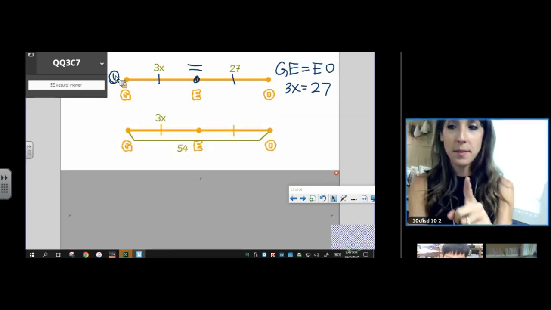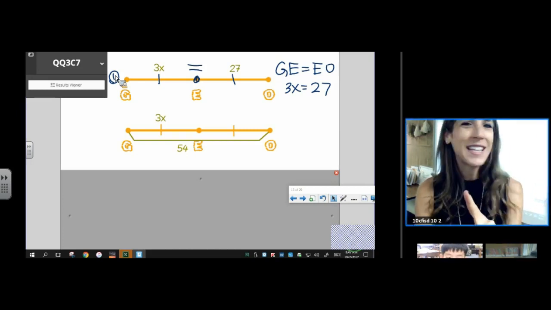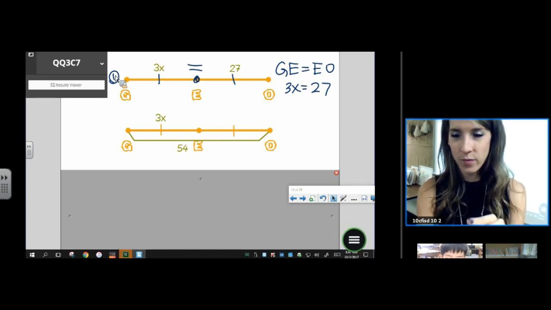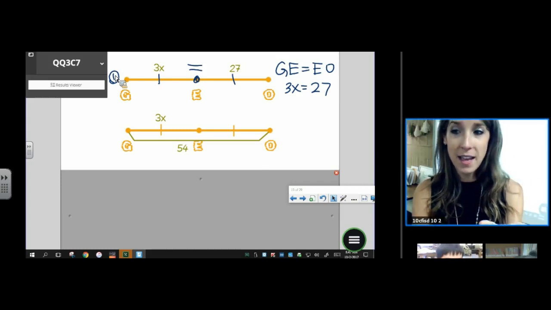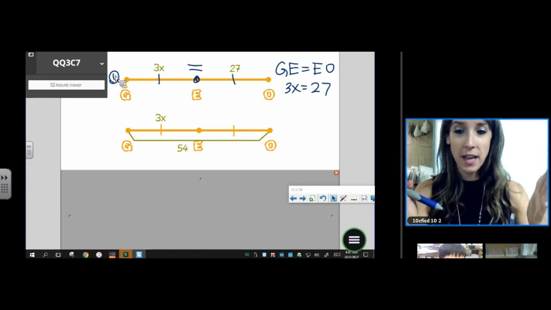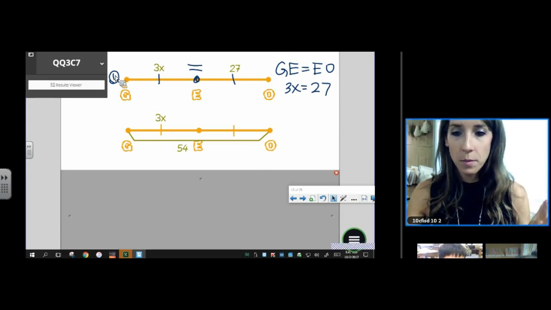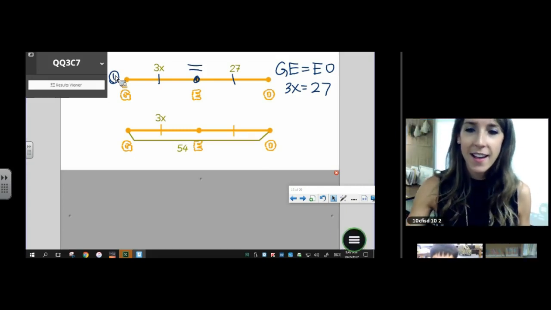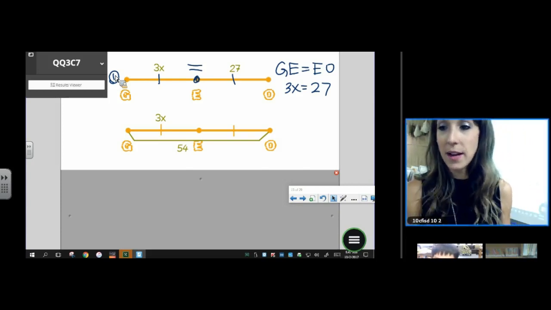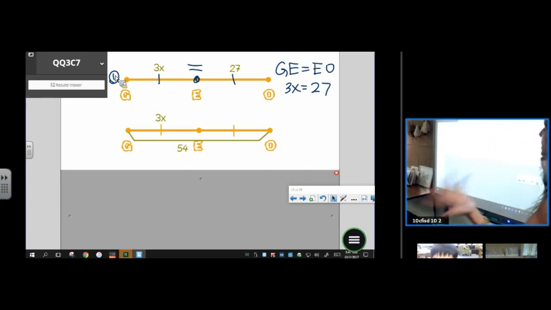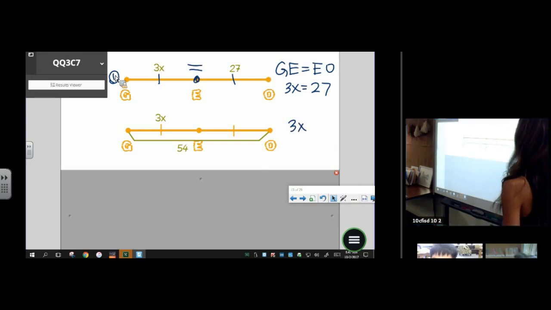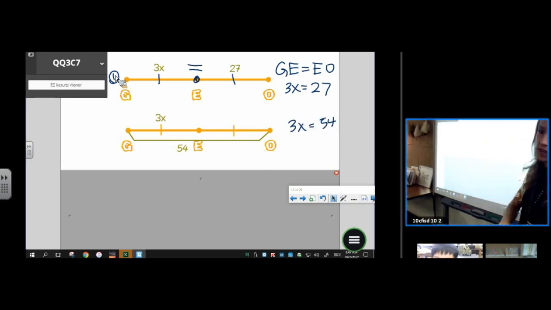Sometimes E is going to be a midpoint, but I'm not going to give you GE and EO. Sometimes E is a midpoint, and you're going to have half of the segment, and then you're going to have the whole segment. I know students will just see the 2 expressions, they'll see 3x, they'll see 54, and literally they'll just put an equal sign between them.